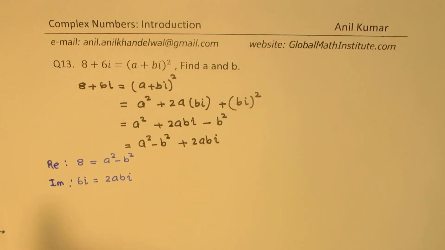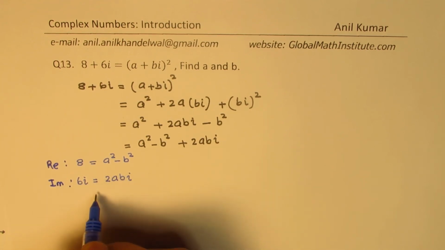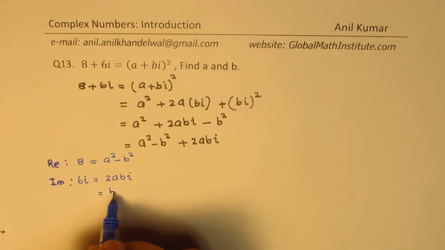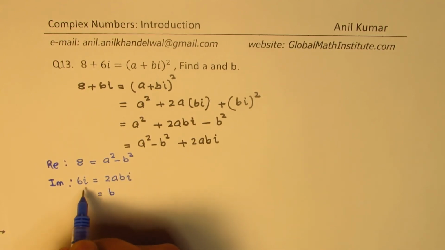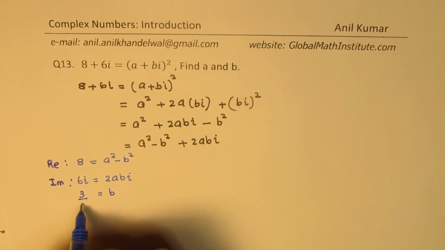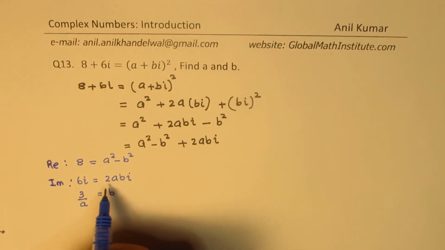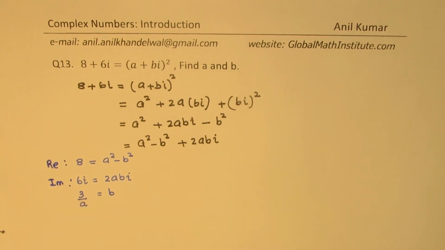From the second equation, we can write b in terms of a. We can write b as 6 over 2a, or 3 over a. When you divide, i and i cancel, 2 goes 3 times, and a comes in the denominator. So b = 3/a.